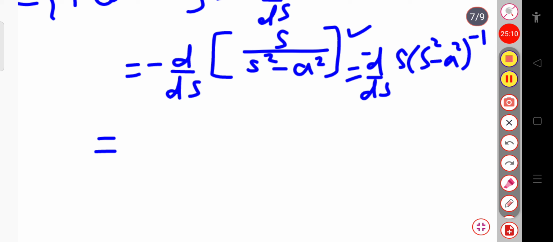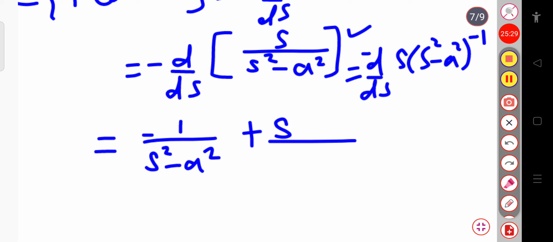So this will be minus 1 divided by s square minus a square. Again for the second term, s is taken outside, and the minus 1 power gives plus 1 divided by (s square minus a square) to the power 2. Again the derivative of s square is 2s. So this is our expression.